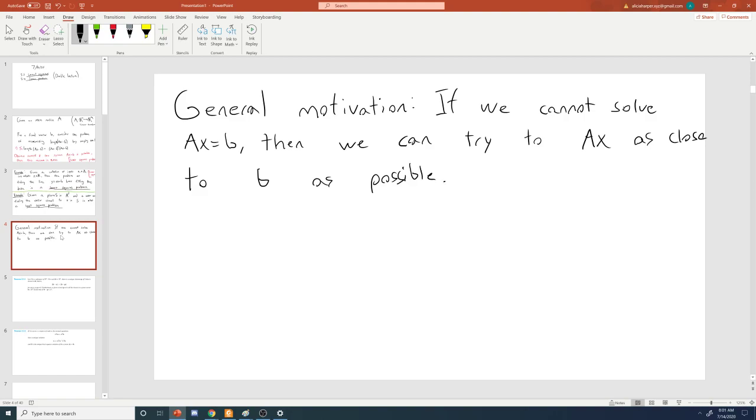In many ways, least squares problems say: we have a linear system, we can't solve it, but maybe we can get it really close, or at least as close as possible. This is a recurring motif in mathematics. Anytime you have a linear system that you can't quite solve, you can try to solve it approximately in the best way possible. This is the heart of it, and why least squares type problems appear over and over again in mathematics.